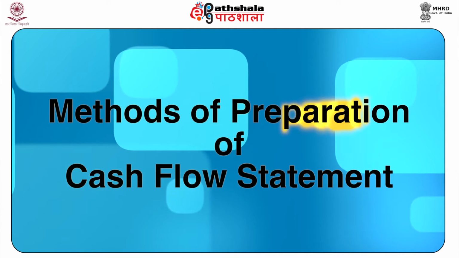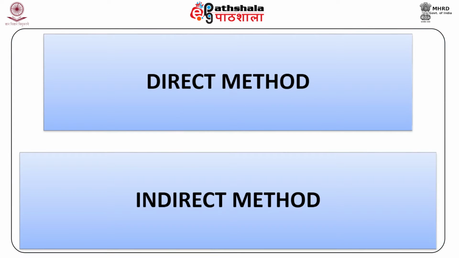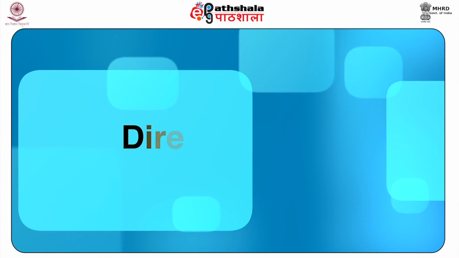Methods of preparation of cash flow statement. There are two methods of finding out cash flow from operating activities. These are: A. The direct method, or B. The indirect method. Direct method.